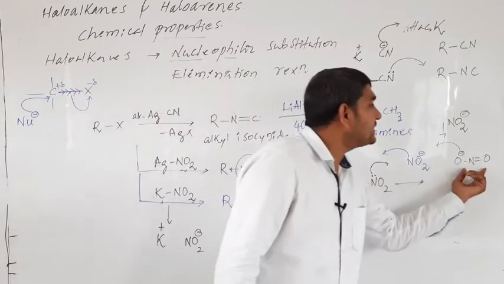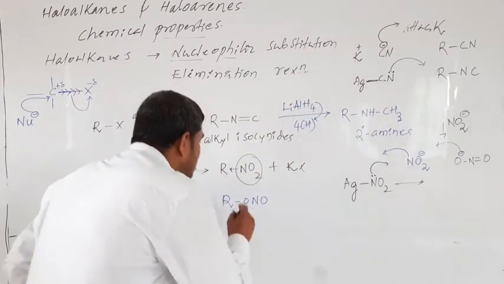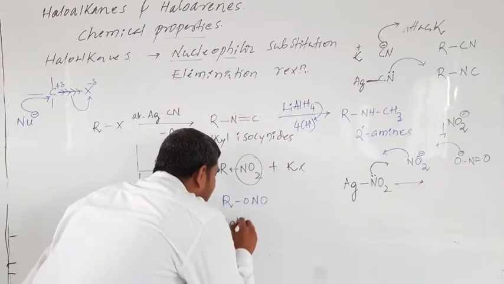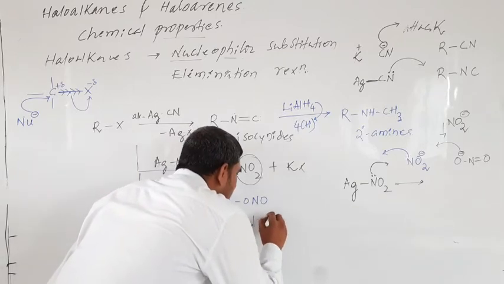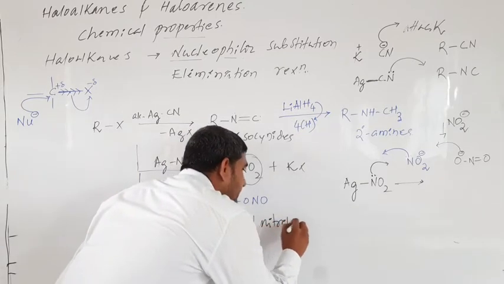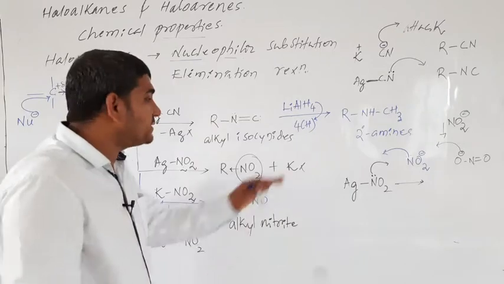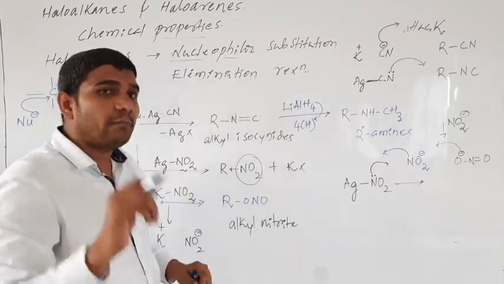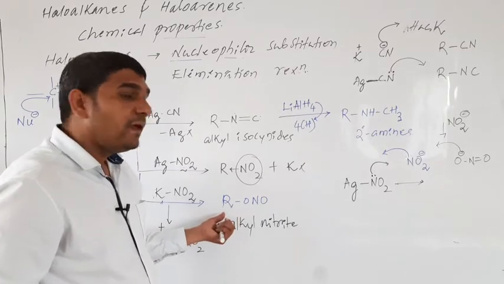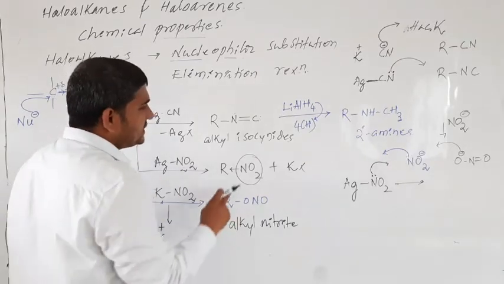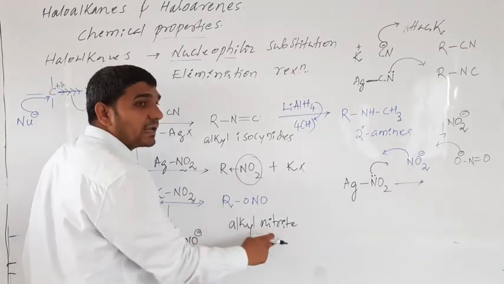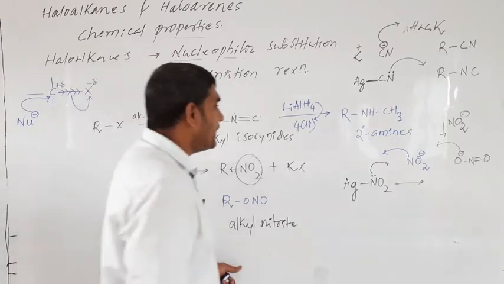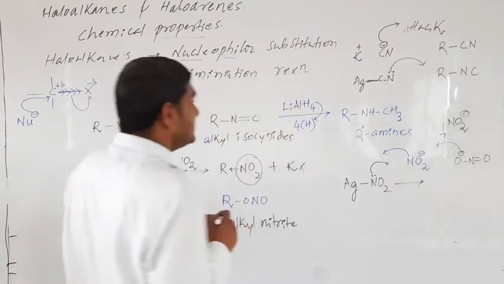And when it attacks through oxygen, it forms alkyl nitrite. Through the name also we can distinguish through which attacking atom it gets attached to the substrate molecule. This is nitroalkane. This is alkyl nitrite.